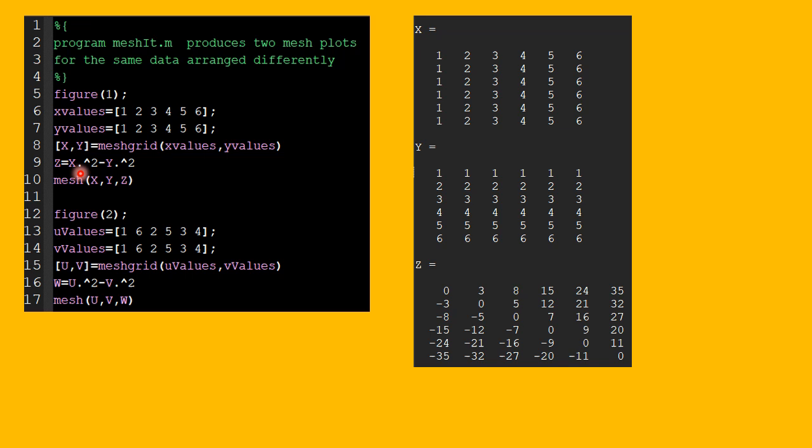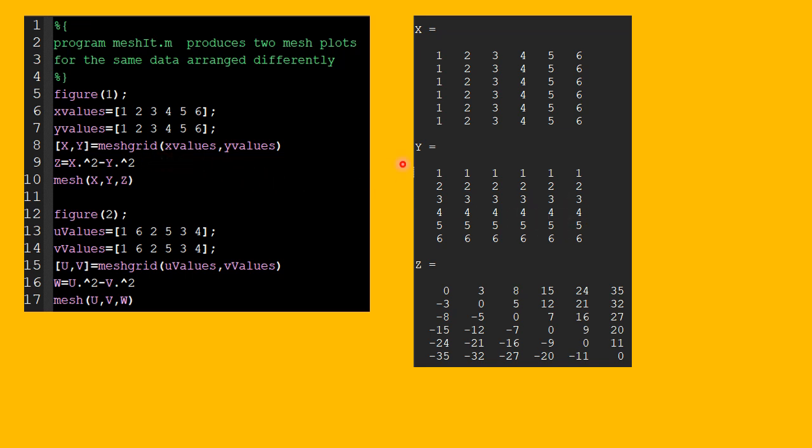The dot here means that we're performing this as an array operation on x. We're squaring every element in the array x that we have up here. We're also squaring each element in the array y down here, and then we're subtracting them.